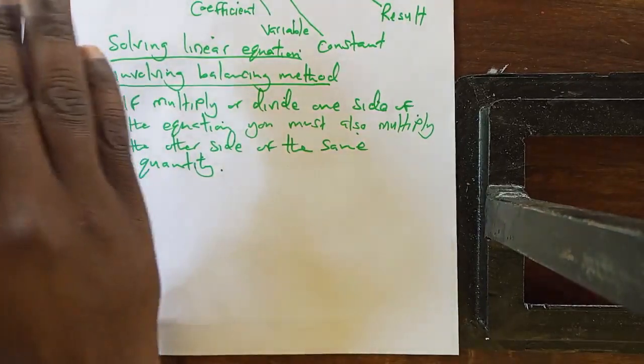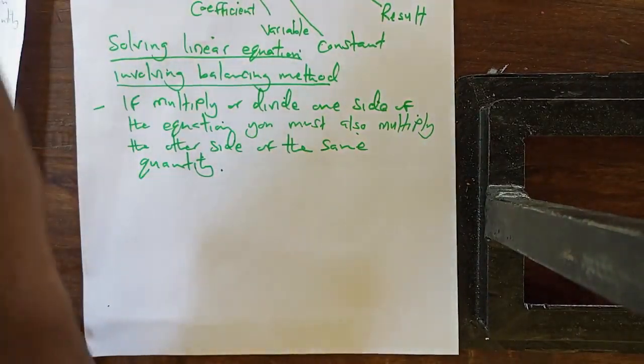So when you multiply one side, you have to also multiply the other side of the equation.